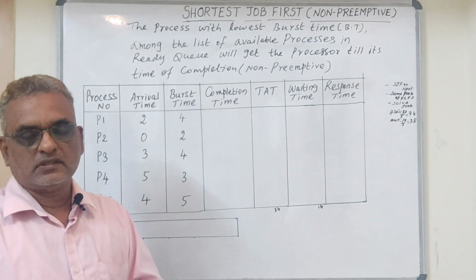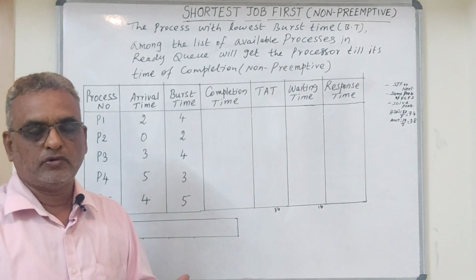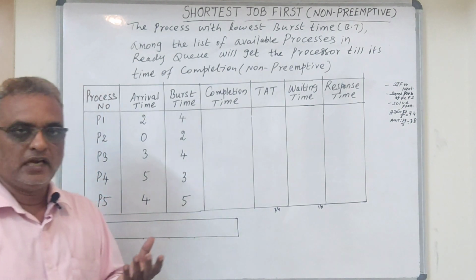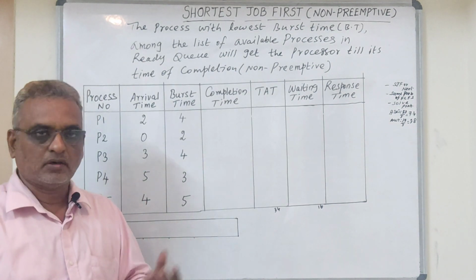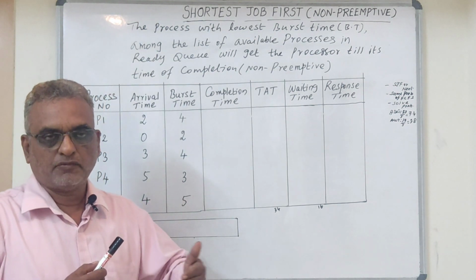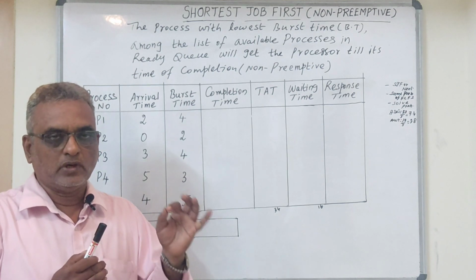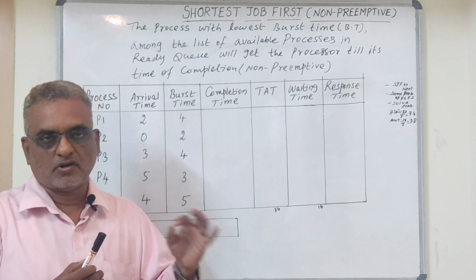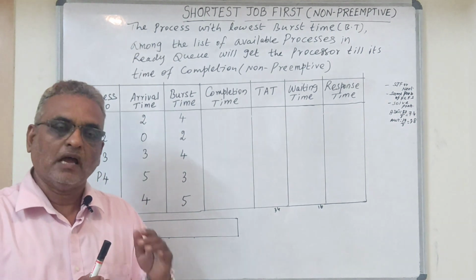If any process contains only a small amount of burst time, that process will be selected by the operating system for scheduling. The ready queue contains the list of processes, and the operating system will check only the burst time of the processes. Based on that, the processor will be allocated.